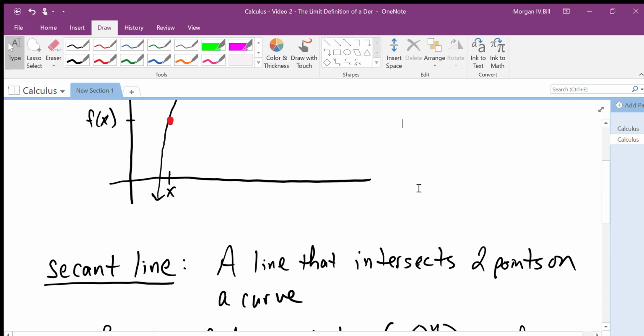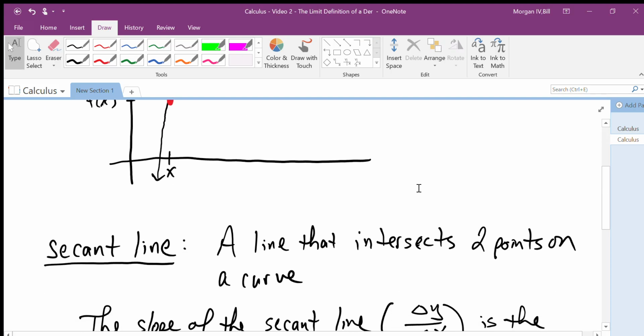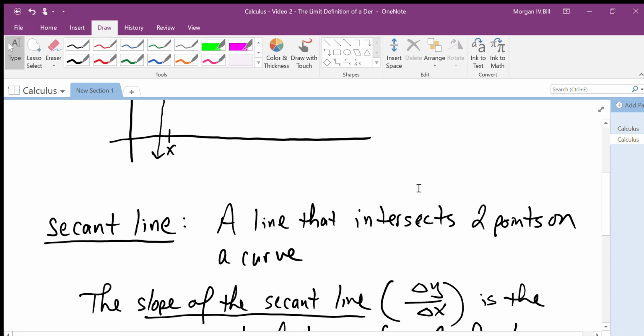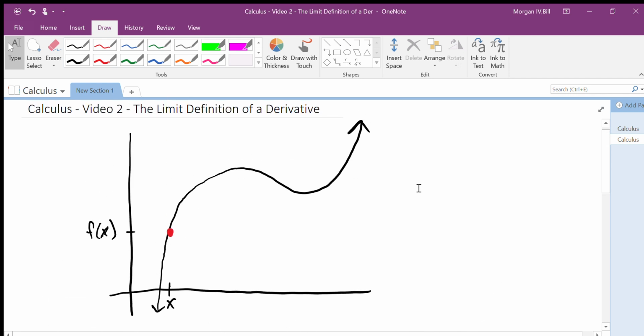So just as a reference, a secant line is a line that intersects 2 points on a curve, right? So let me just have a point in red there. If I pick a second point in red, maybe right here, the line that connects those 2 points is called a secant line, right?